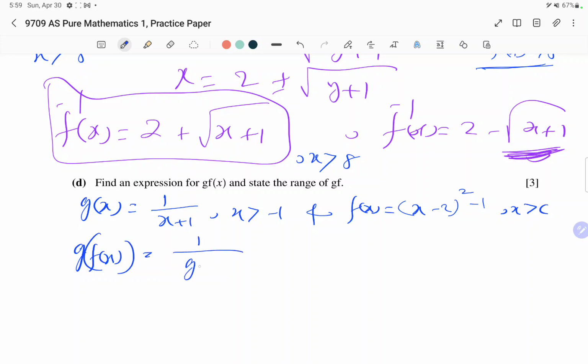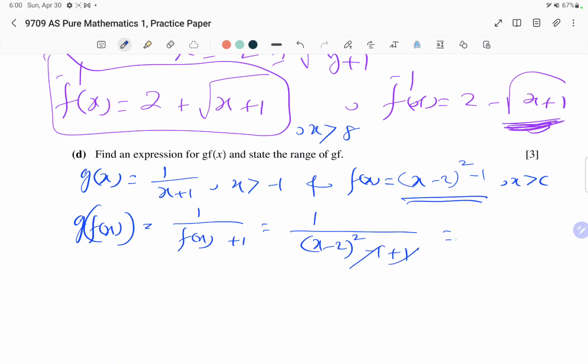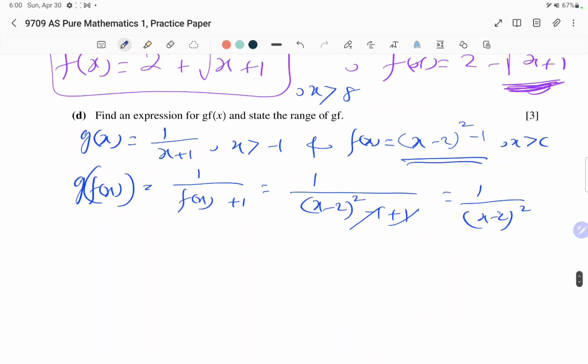So 1 over f x plus 1, and f x is (x minus 2) whole square minus 1, plus 1, cancel. So 1 over (x minus 2) whole square, I got g of f x, right?